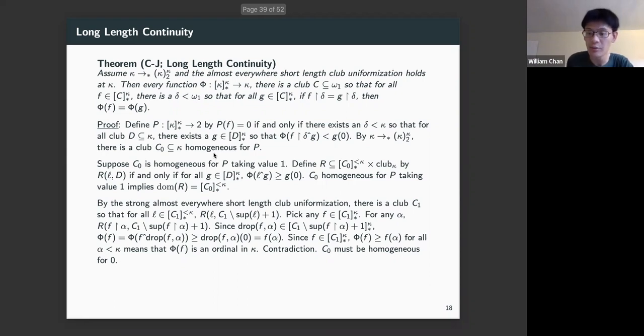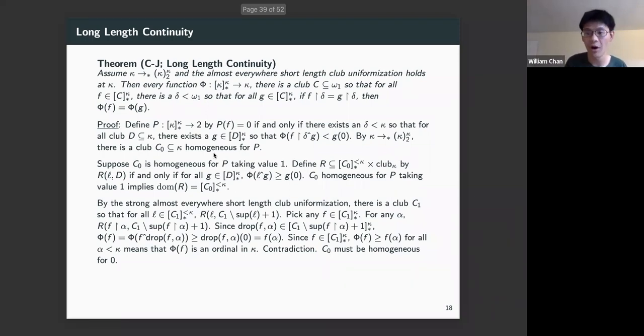Now pick any sequence F passing through C1. For any alpha, we know that C1 above the sup of F restricted to alpha is a club which works for F restricted to alpha. And also the tail of F after alpha is an infinite sequence that passes through C1 above the sup of F restricted to alpha.